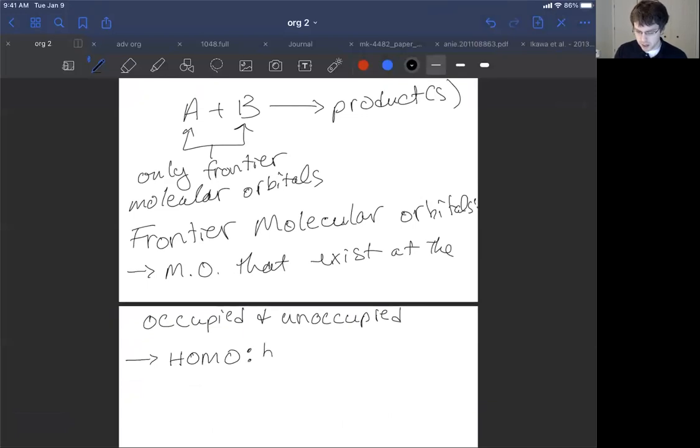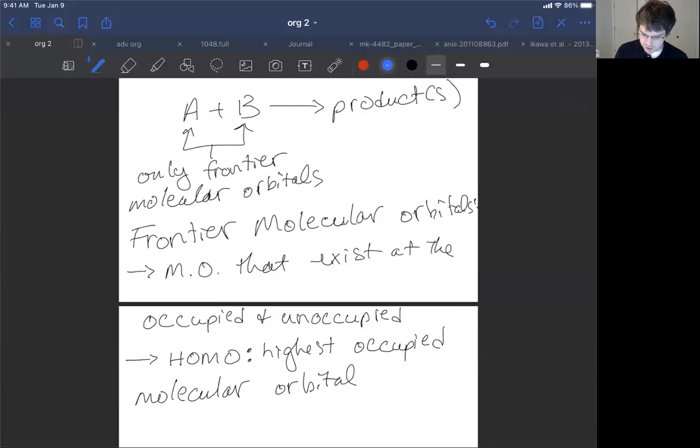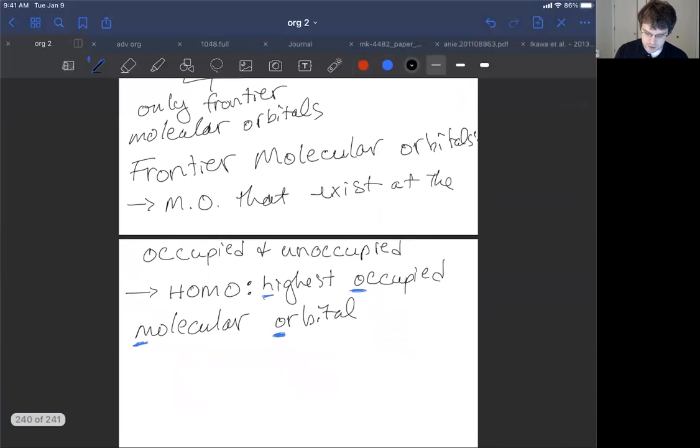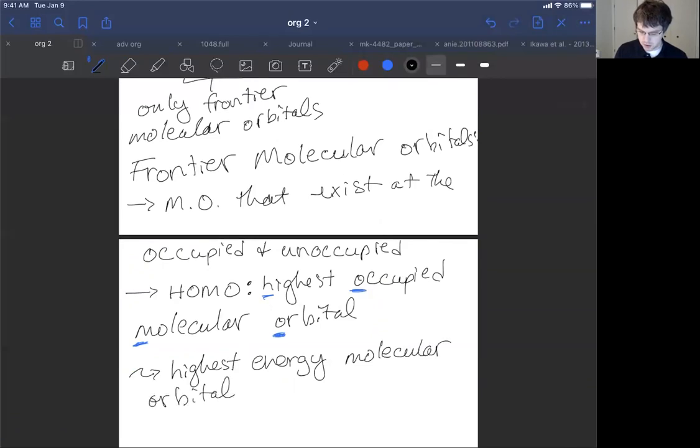The HOMO is the highest occupied molecular orbital. So this is the highest energy molecular orbital with electrons.